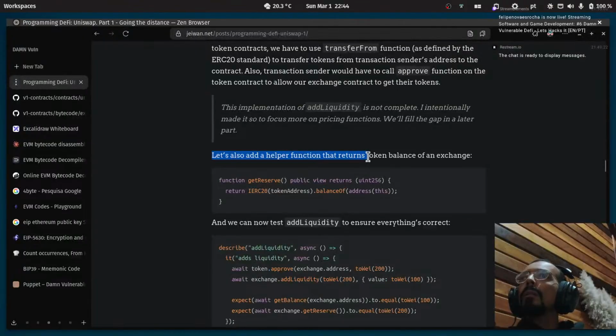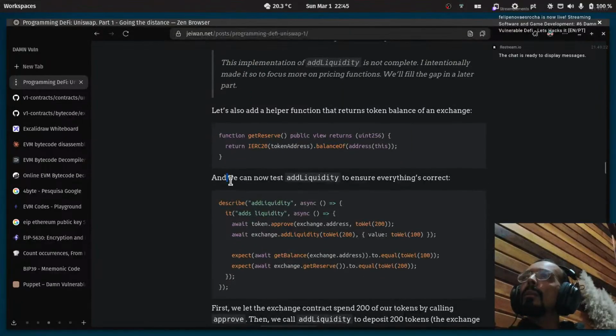So the implementation is not complete. I intentionally made it so, focusing on pricing functions. The getter now is get reserves. So here they take only the reserve for the token, and we can now test add liquidity. That's something also cool, that when you check for balances, we can modify, break the value, just by sending tokens to the contract.